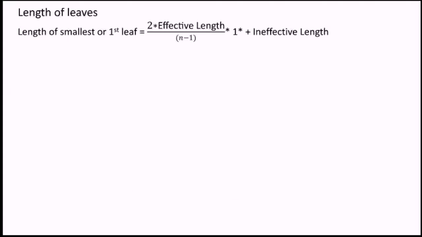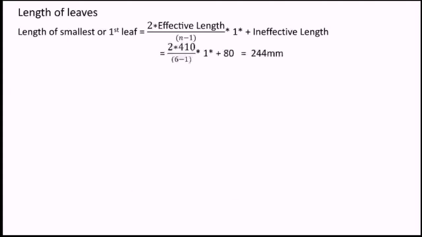The i in this formula multiplied by the effective length, this i is the number of the spring. For example, if it is a first spring, it will be 1, if it is second spring, it will be 2, third spring, it will be 3, and so on. Rest all the formula remains the same. So substituting the values in this equation, I will get the length of the first leaf as 244 mm.